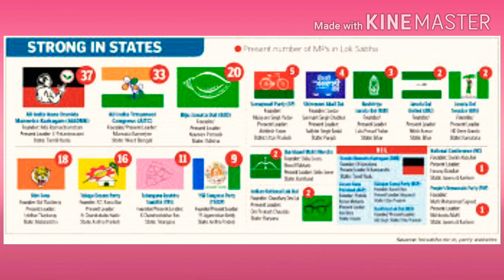They are Samajwadi Party, Samata Party, Rashtriya Janata Dal, Biju Janata Dal, Sikkim Democratic Front, Mizo National Front, and Telangana Rashtra Samithi.